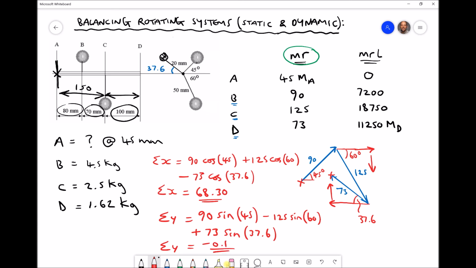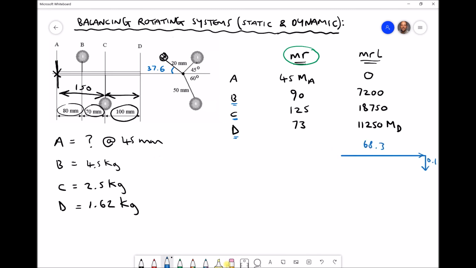I'm just going to sketch the new vector diagram for completeness, and then we'll determine the magnitude of our resultant and the angle or the direction of our equilibrium. Okay, so referring to our new vector diagram then, we can see we have an x component which is positive and has a magnitude of 68.3, and we have a y component that's negative but only has a magnitude of 0.1.